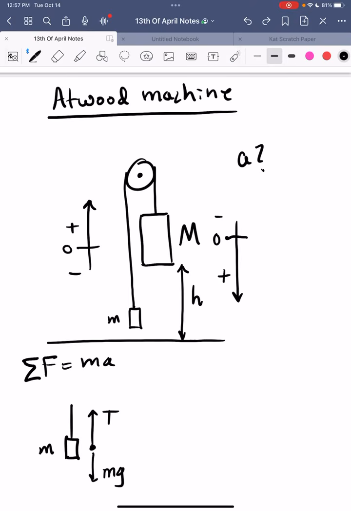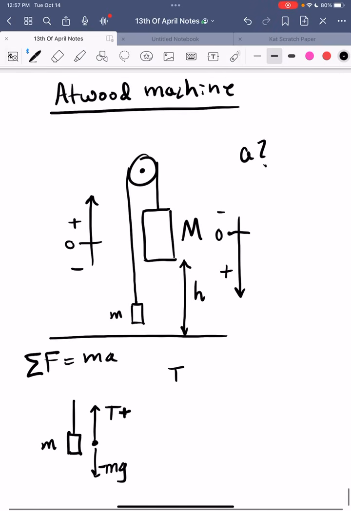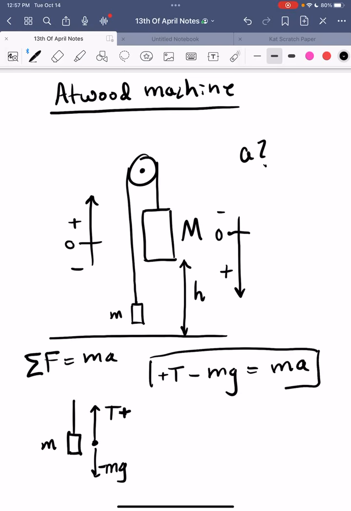So if I apply this coordinate system here to this block in this diagram here, then what I have is tension is positive because it's going up, and mg is going to be negative. So if I write F equals ma, I say positive tension minus mg equals the mass of the block times the acceleration it will experience. So this is a valid equation for the little block. I have that right there.